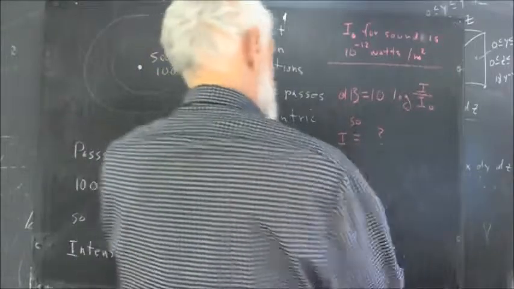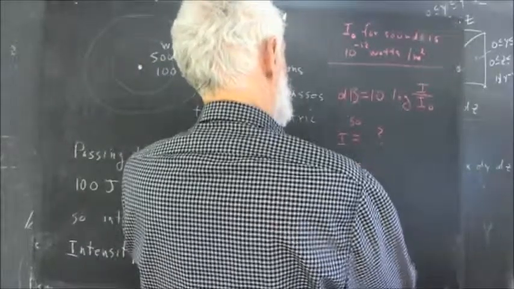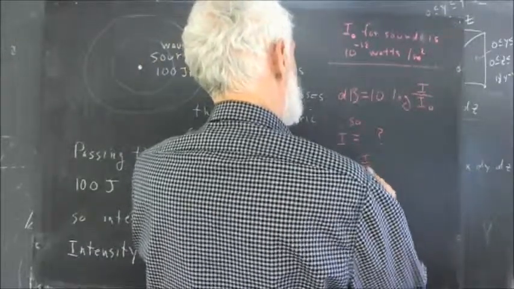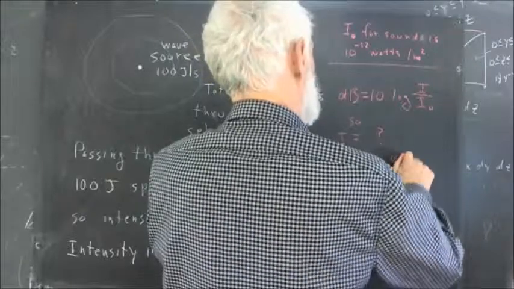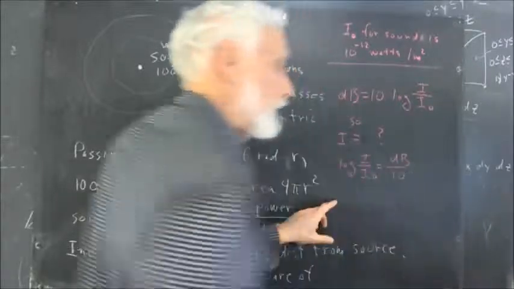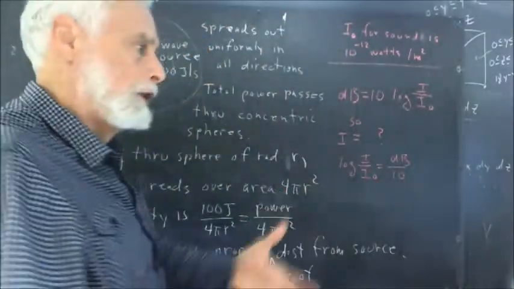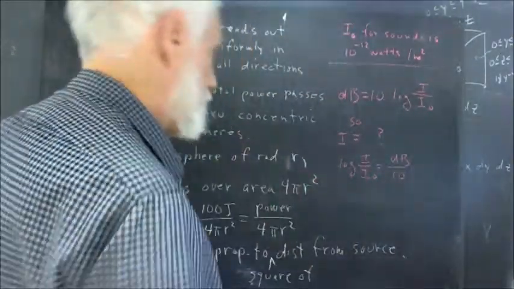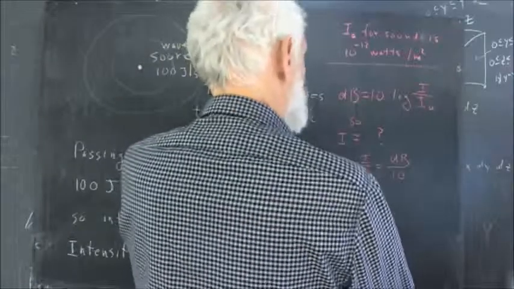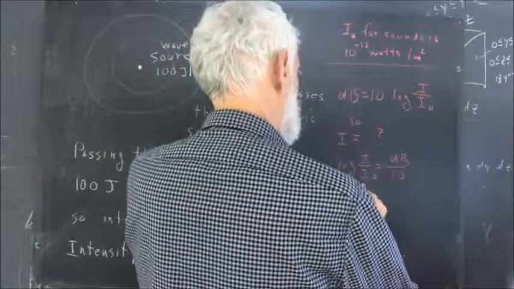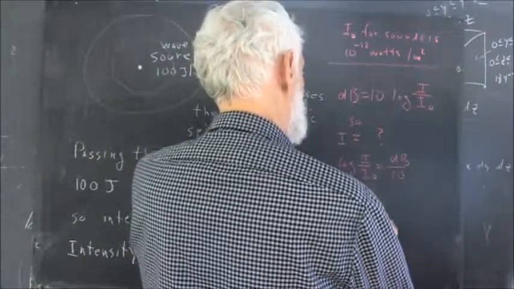Okay, well, I can rearrange this equation. I can say that the log of I over I naught equals the decibel level over 10. And then I take the inverse log. The inverse of the log is raising to the 10th power, 10 to the power. So 10 to the log of I over I naught is I over I naught.